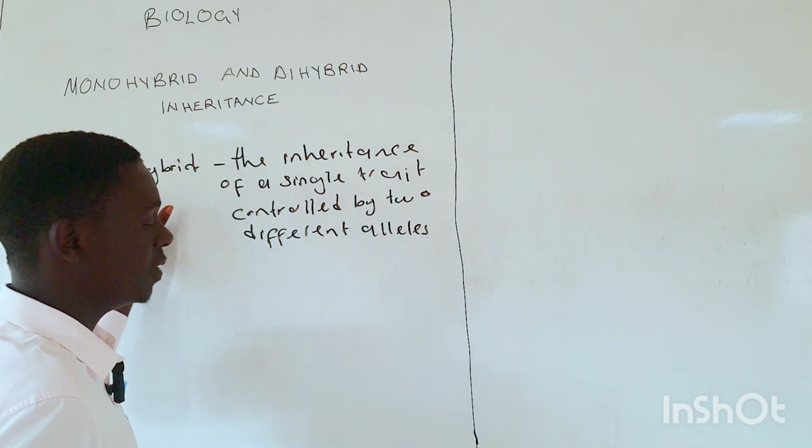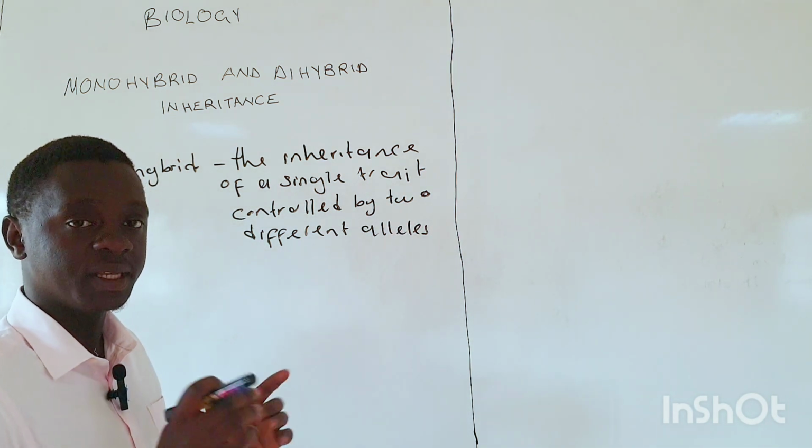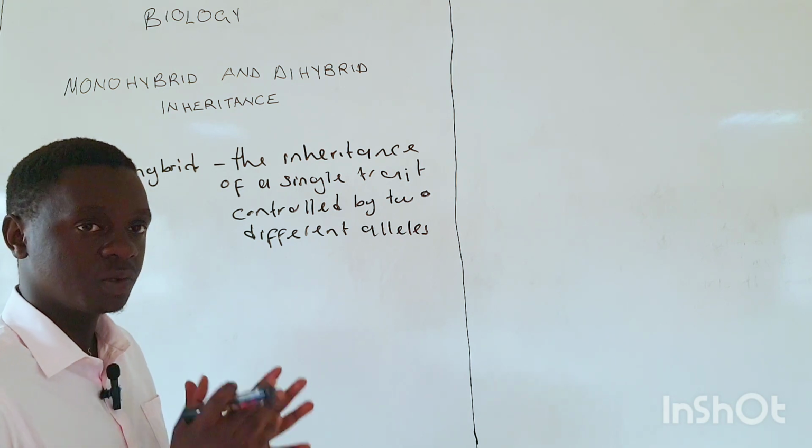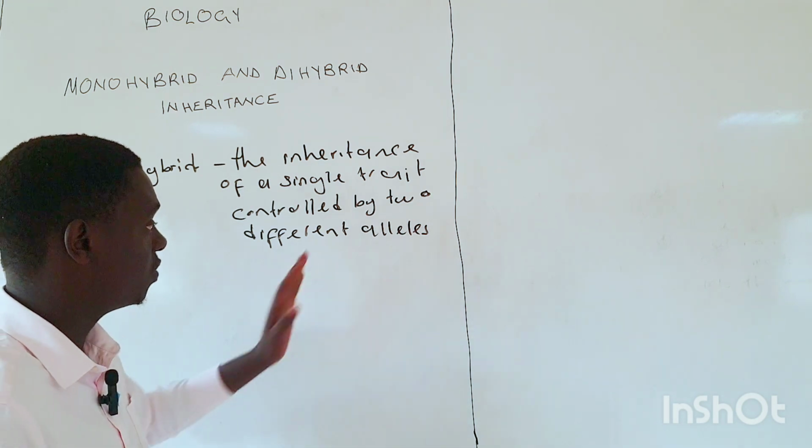Monohybrid inheritance simply means the inheritance of a single trait, but this trait is controlled by two different alleles.